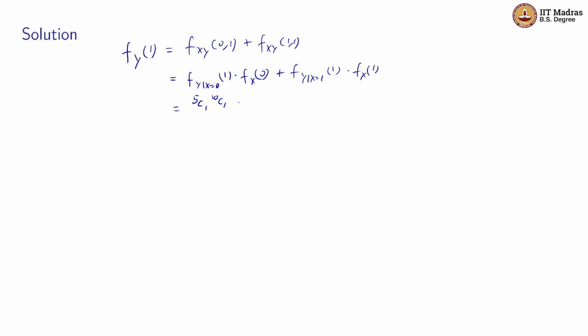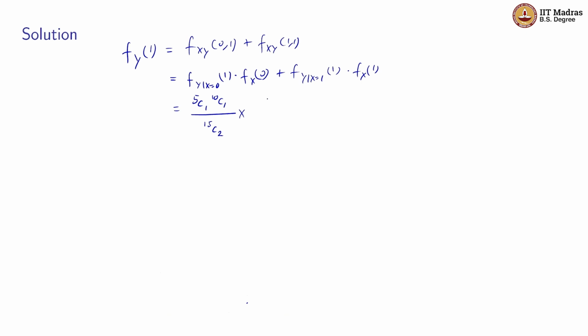This is the number of ways in which we can select one red ball and one ball which is not a red ball, divided by 15c2, which is all the ways in which we can select two balls from 15 balls in bag A, into the marginal x is equal to 0.